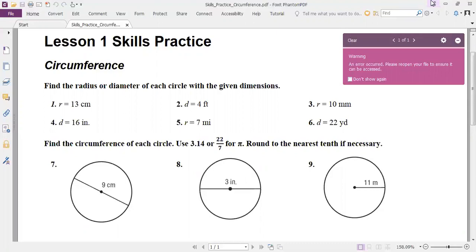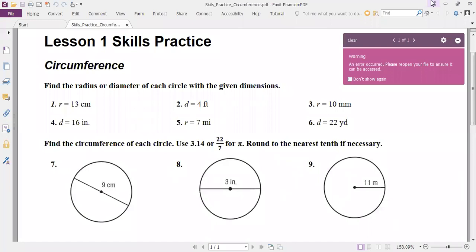Equal 28.26. Sorry, 28.26. 28.26, right? The 6 here is bigger than 5, so it rounds up. So the result here will be 28.3. Again, if he gives me the diameter is equal to 9, we will multiply 9 by pi.